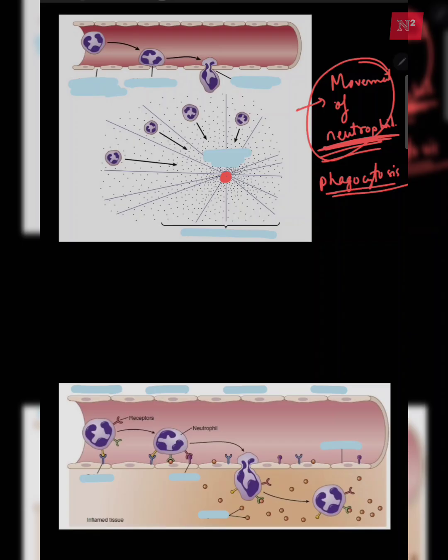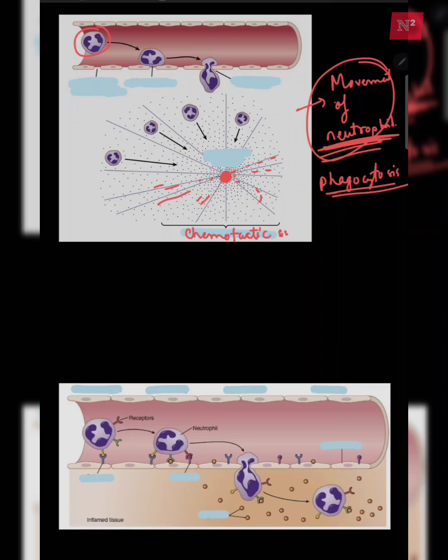This is showing you the movement of the neutrophil towards that pathogen. First, the neutrophils will be circulating in the blood vessels. Whenever they encounter this pathogen, the pathogen emits some substances, which are called chemotactic substances.